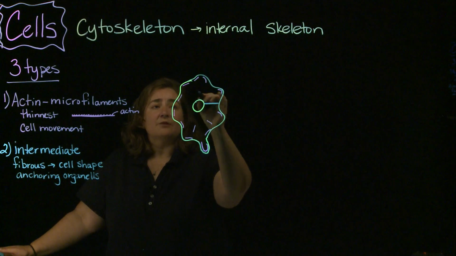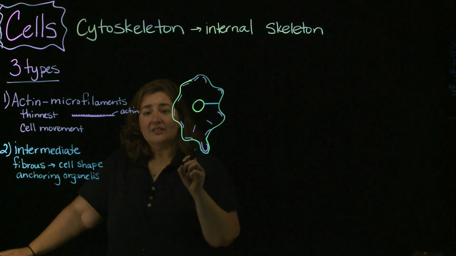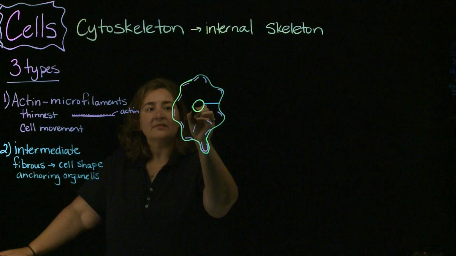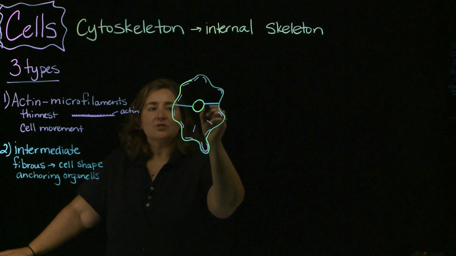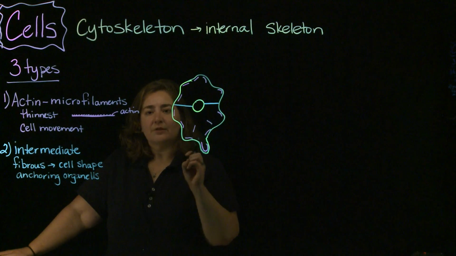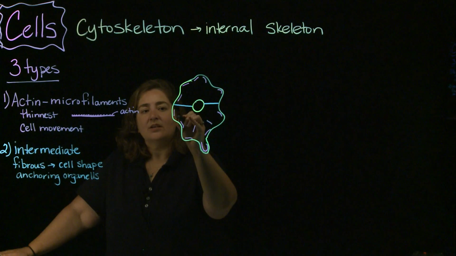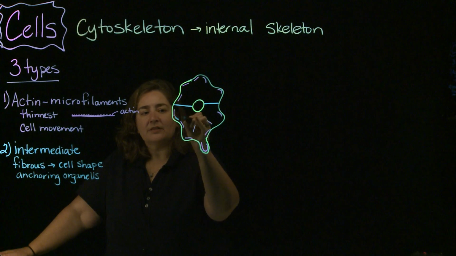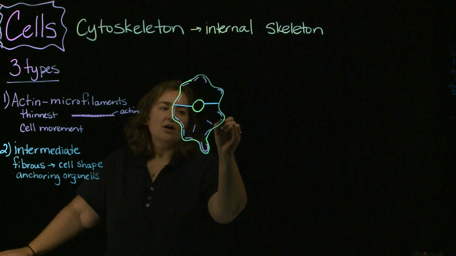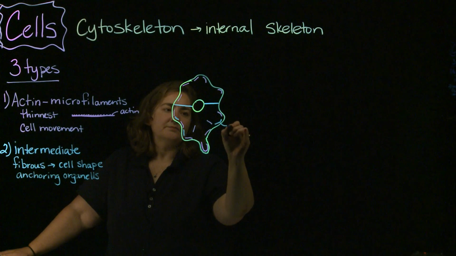But the intermediate filaments, I always draw the nucleus kind of centered in the cell. And it's not maintained there just by floating. You've got some intermediate filaments that are going to anchor it. You're going to have some intermediate filaments along the cell membrane.